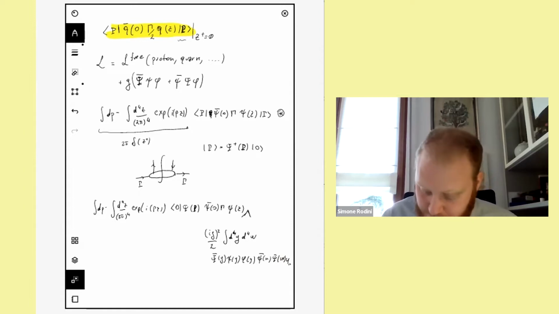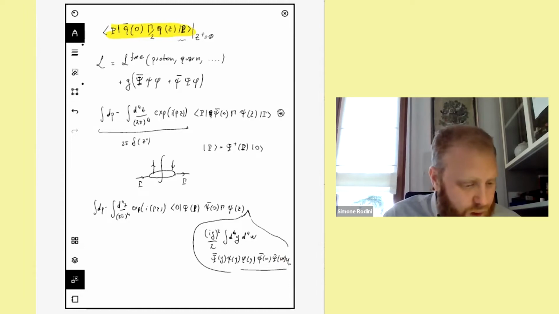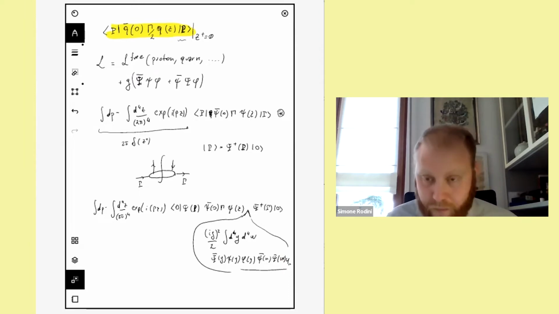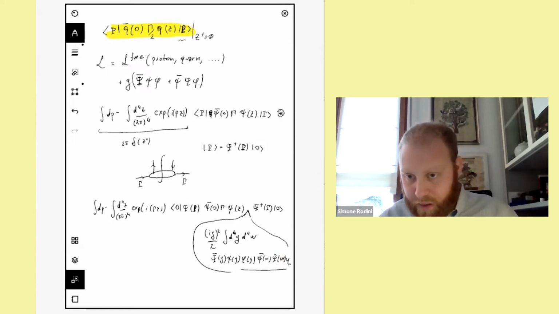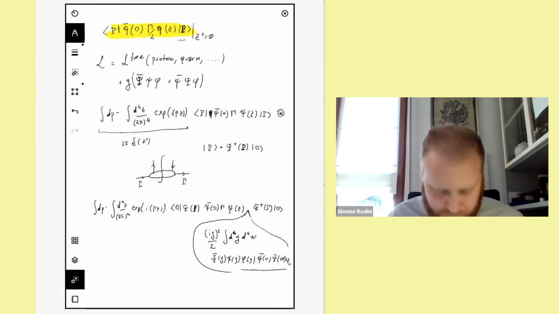Everything here is inserted. And then you have your psi dagger of p over the vacuum. They should be rather standard. And now you just have to saturate, so basically you decontract the fields.